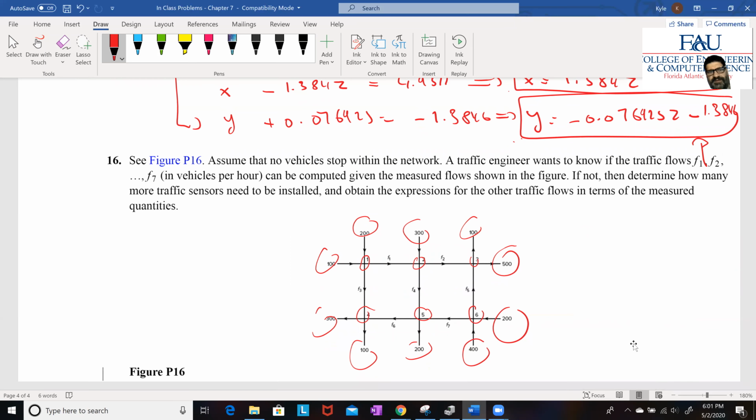Let me start with the first one. Node 1: we have 100 plus 200, and that equals F1 plus F3. The second node: F1 plus 300 is equal to F2 plus F4. Third node: F2 is coming, F5 is coming, and leaving is 100 and F4.